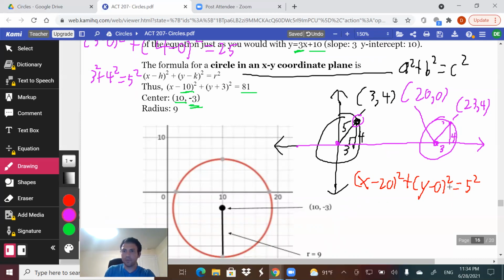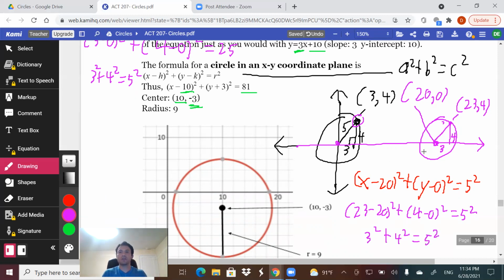Well, if I put in the points I have, I would have 23 minus 20 squared plus 4 minus 0 squared equals 5 squared. Well, I end up again with just 3 squared plus 4 squared equals 5 squared. So all the minus 20 does is it just gets rid of the distance from here to here to turn this back into Pythagorean theorem, right?